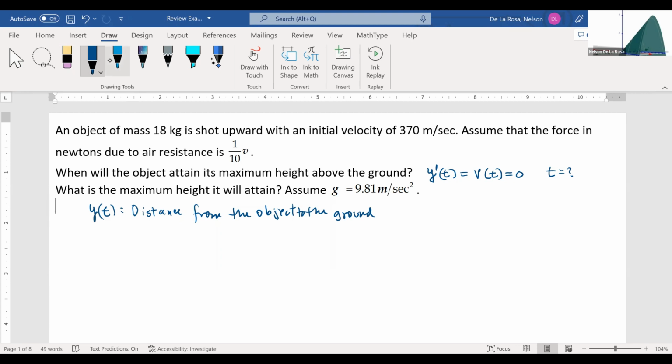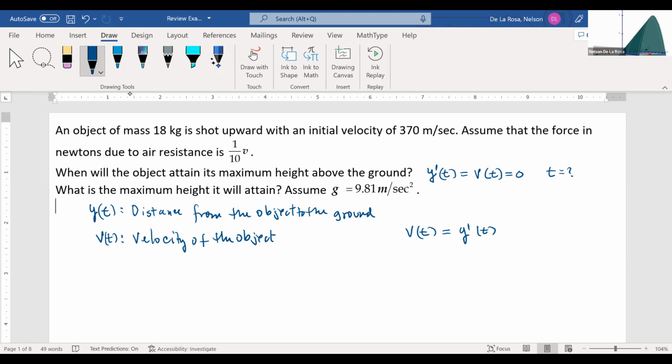And then let's set v of t, the velocity of the object. Therefore, we know that the relationship between these two quantities is that velocity is the first derivative of the distance.